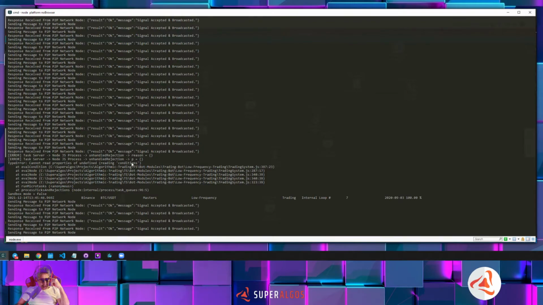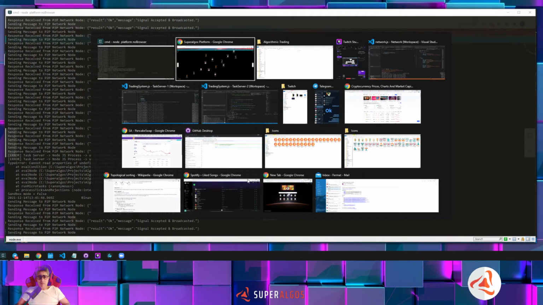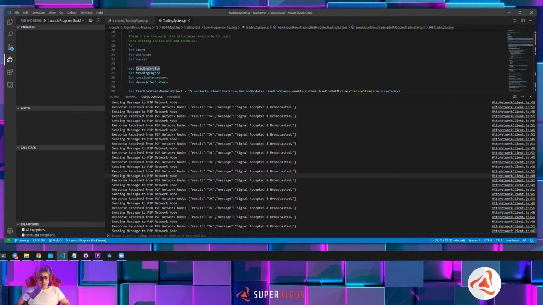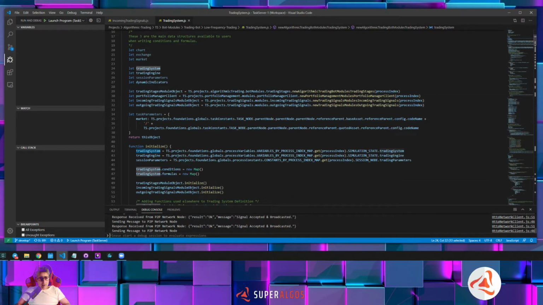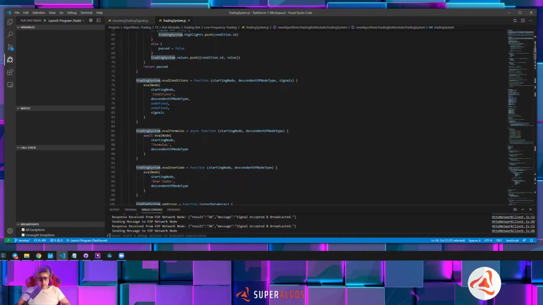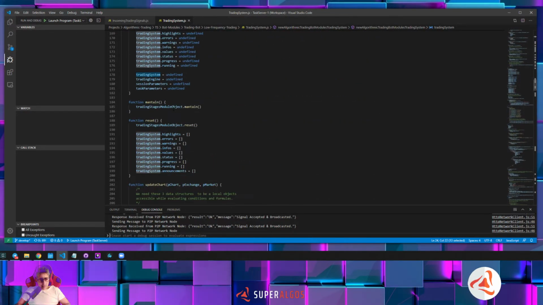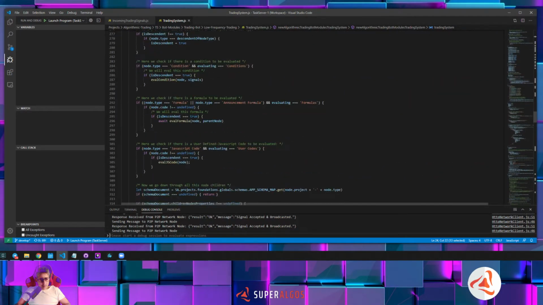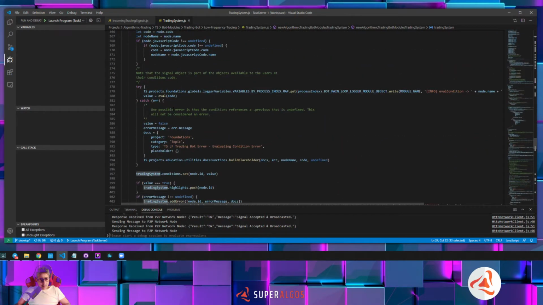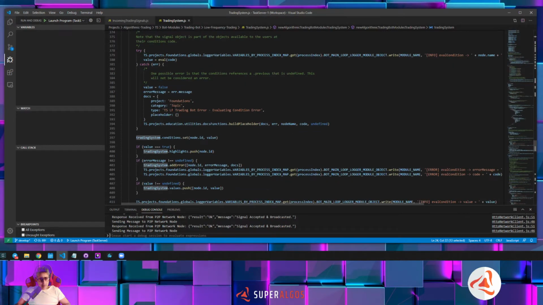So again, it says condition of undefined. And this is going on in trading system 397. Trading system. Here.